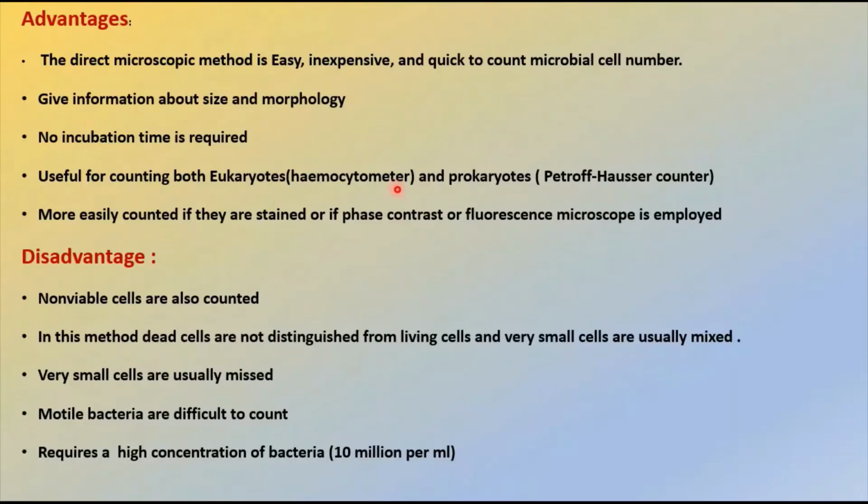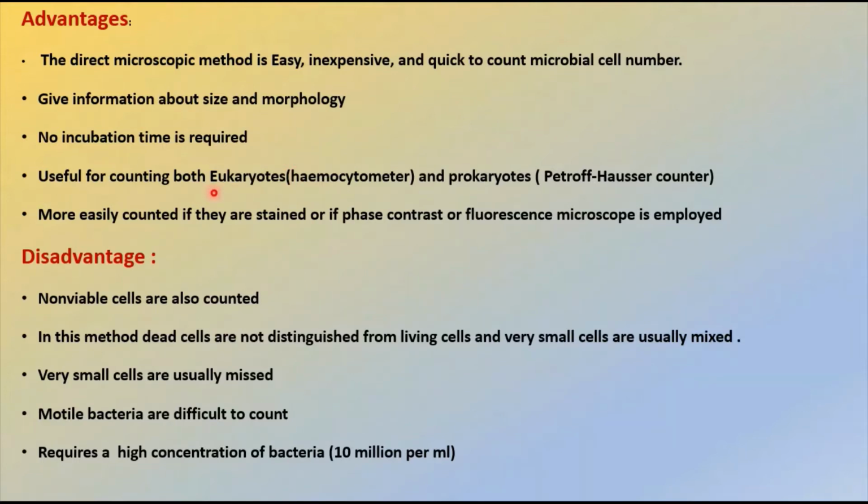So coming to the advantages of this counting chamber technique, this is a very direct microscopic method, very easy, inexpensive, and also very quick to count the microbial cell number. By this method, we can also get information related to the size and the morphology. And there is no need to incubate the bacterial cells with this counting chamber.